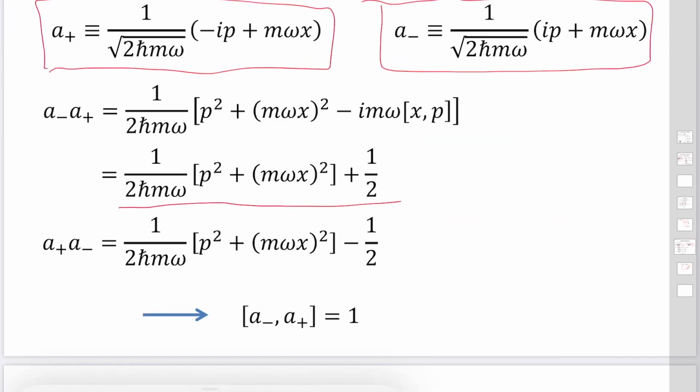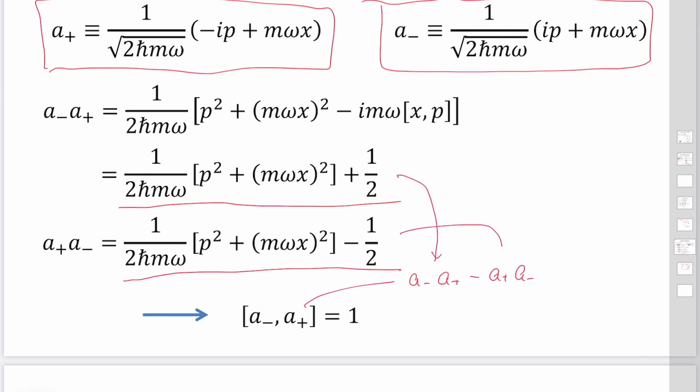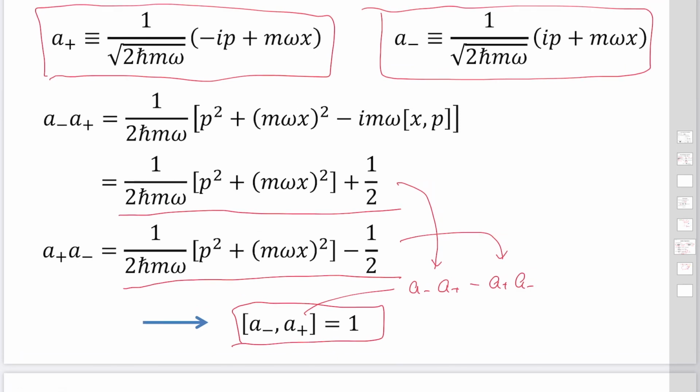Using the same method, we have these relations. We could discover this becomes a sub minus a sub plus minus a sub plus a sub minus. We can substitute, and it becomes 1. I introduced ladder operators. These operators are very useful to study harmonic oscillators in the Schrödinger equation. This is the end of this session.